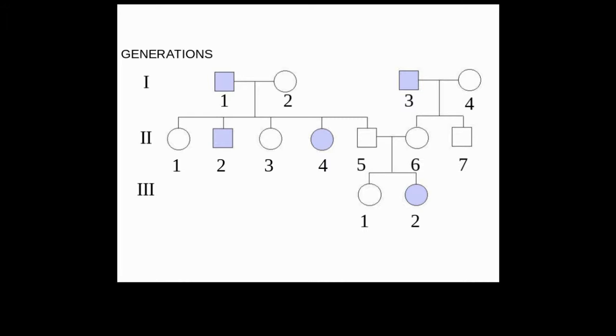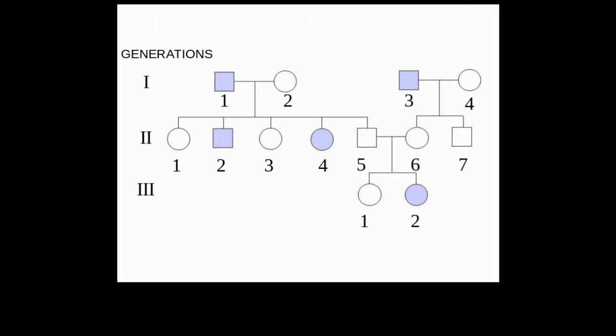However, individual 2-6 is the oldest of the offspring from individuals 1-3, 1-4. So we'd like to say that wherever possible, the horizontal lines are going to go from left to right, oldest to youngest. But individual 2-6 might be older than individual 2-5.